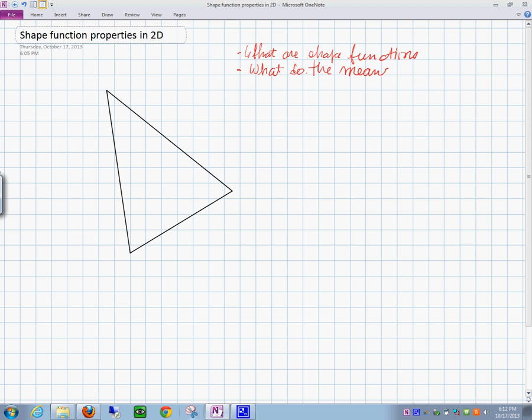And then why is it 1 at a node and 0 at the other two? Let's say in here that this is I, and this is J, and this is K.